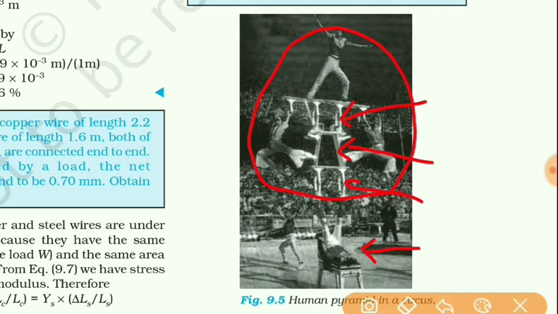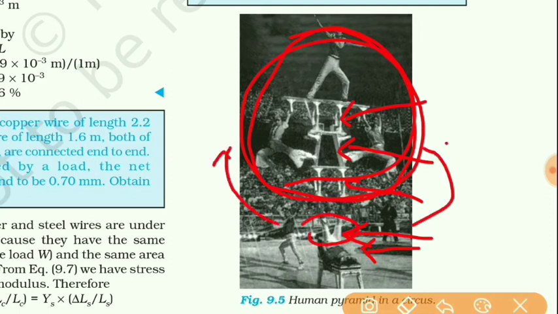So it is clear that the weight of all these persons is on the legs of this person who is lying here. On both the legs he bears all the weight.